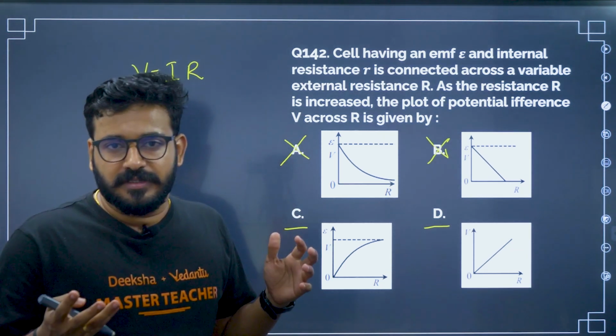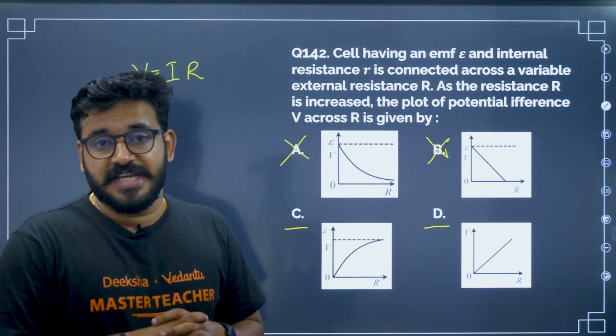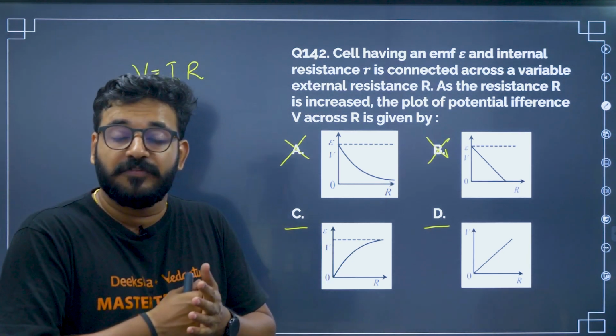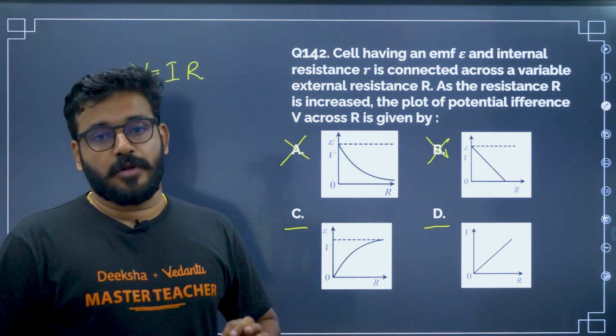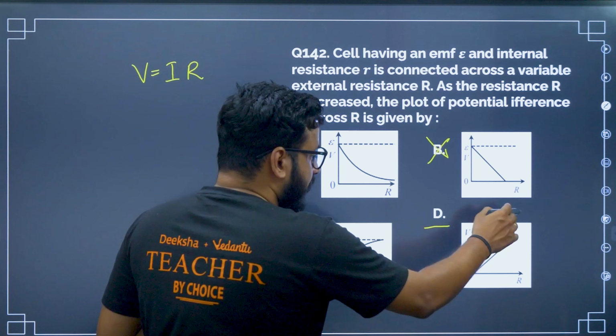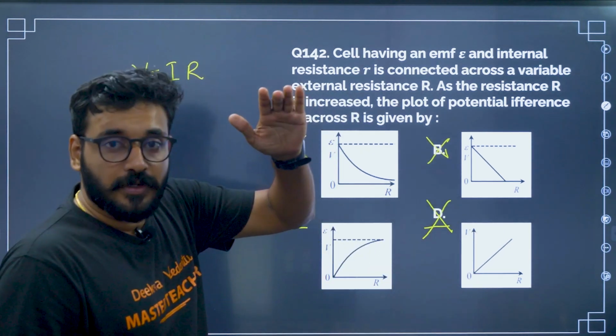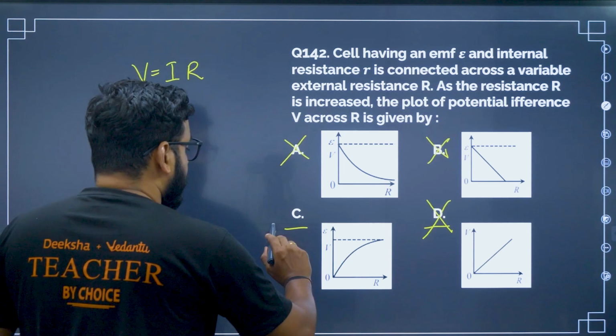Resistance will not have more than that, right? That even contradicts the conservation of energy as well. So where does that extra potential come from? Correct. So the potential across the resistance cannot be more than the EMF. It cannot go unlimited like this, like option D. It has to stop at a particular point, which is the EMF.